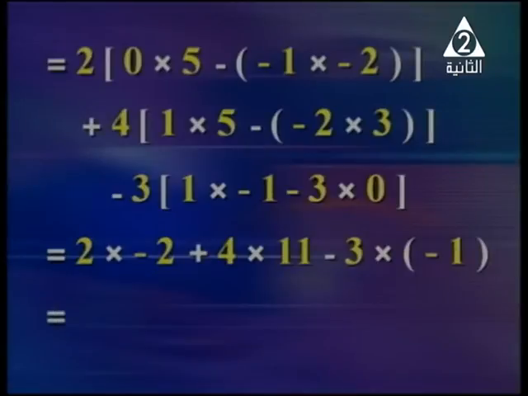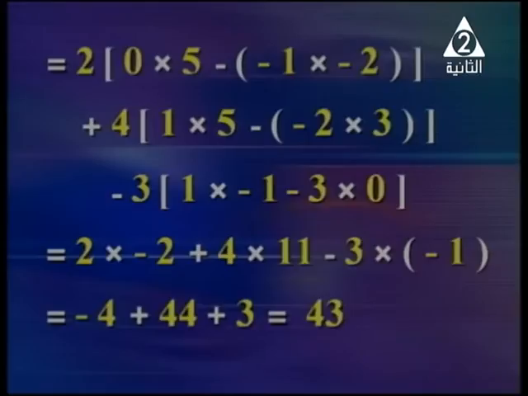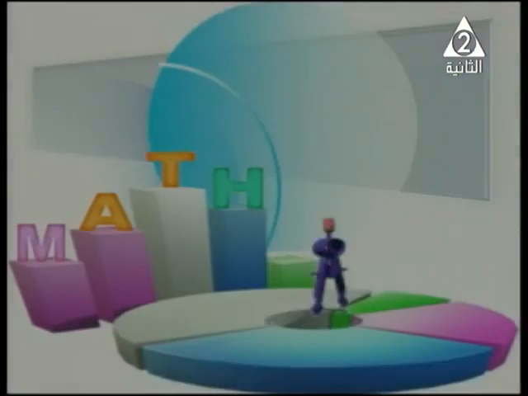The answer is negative 4 plus 44 plus 3 equals 43.